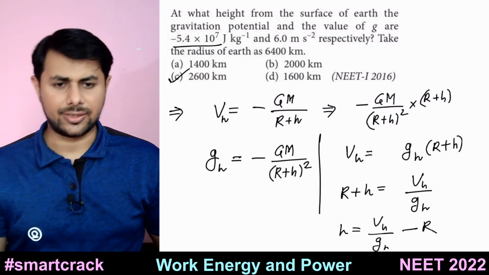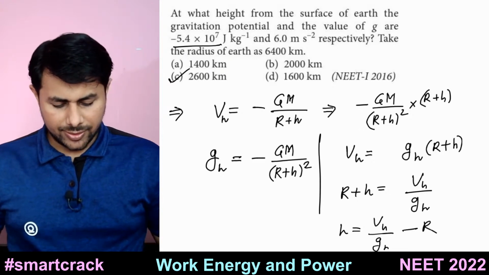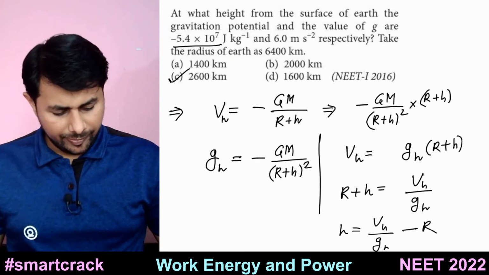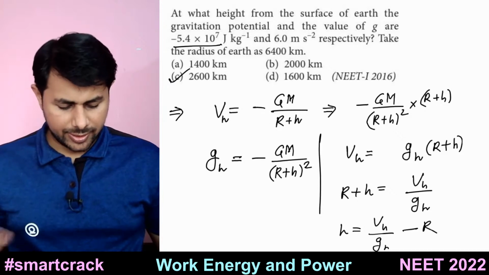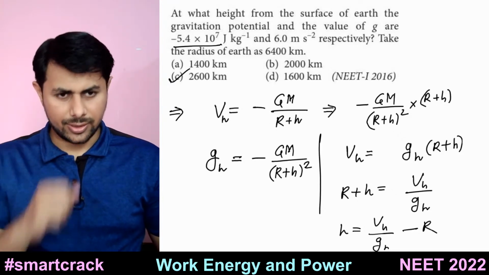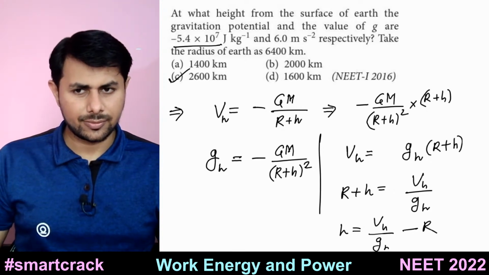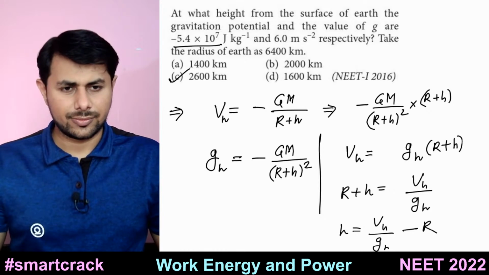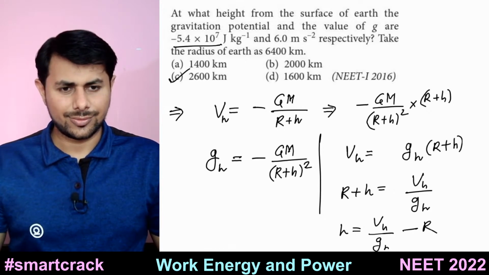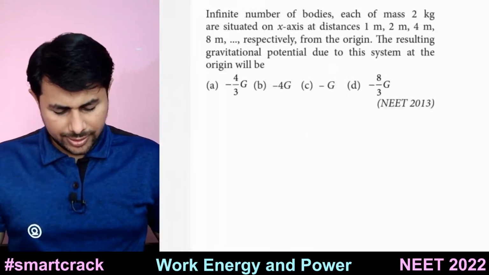Option C is the answer. This is also another simple problem, but yes, we have to do some calculations over here. So is it clear? Okay, let's move on to the next problem.